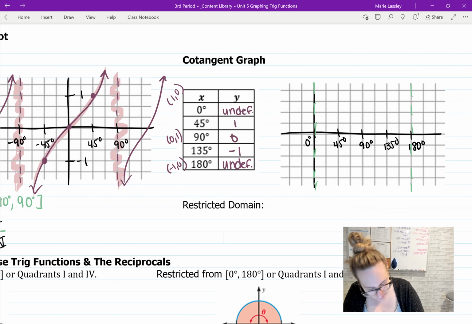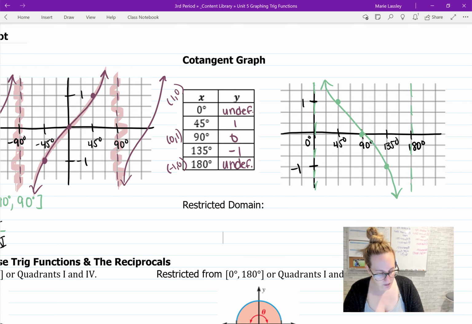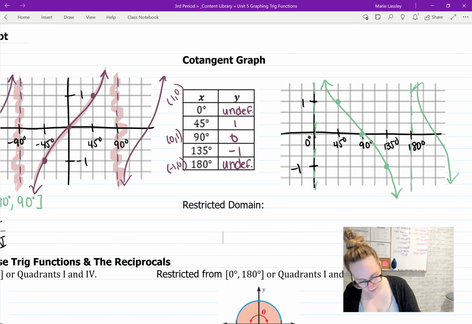So at 45, oh, I didn't even label my y-axis. So we have +1 and we have -1. So we are here, and then 0, and then -1. So here is our beautiful cotangent graph. You can see that cotangent, just like tangent, does continue in both directions.